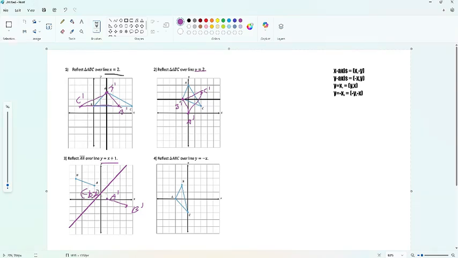Negative 1, 2. Then this would be 1, 0. Okay, so negative 1, 2. x to negative 1. Since it's plus 1, we add 1 to the y-intercept, so it's going to be 2, 0.